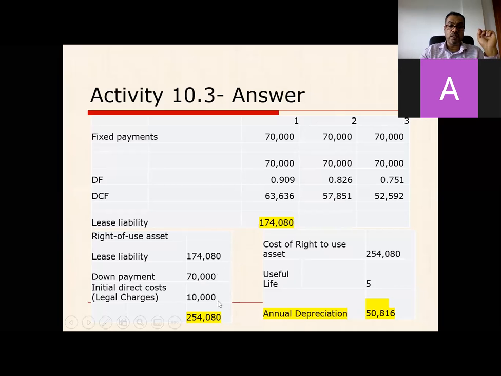You can add all these three together. Then 54,000. This is the cost. This cost has to be systematically allocated over its useful life or any other systematic basis. Here, depreciation has been calculated by dividing this full amount by 5. Therefore, it is 50,000. Now you got the point, right?